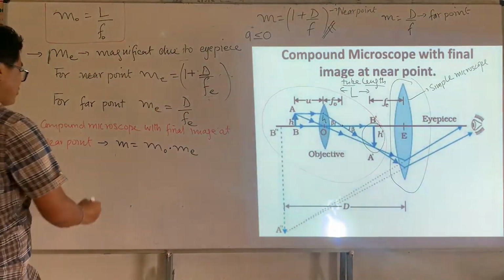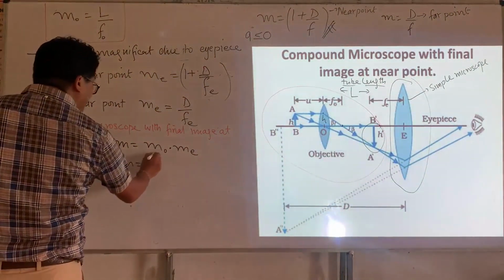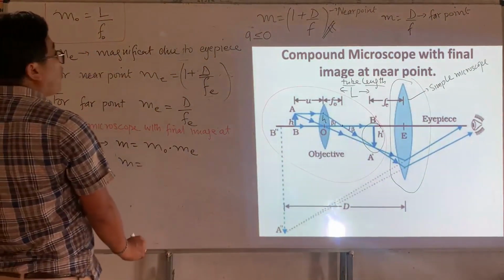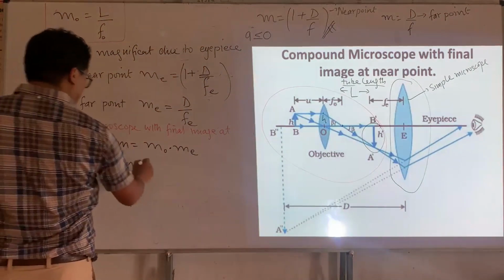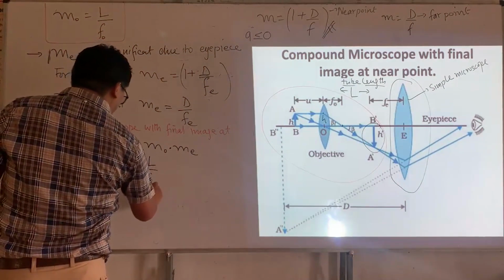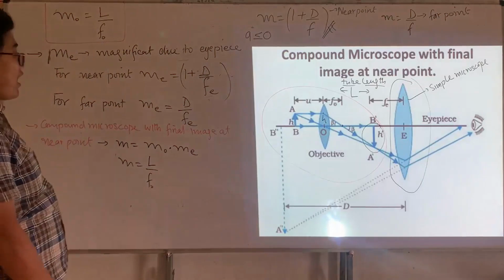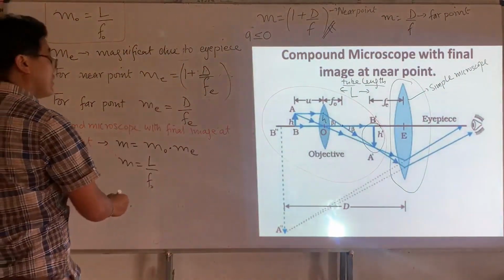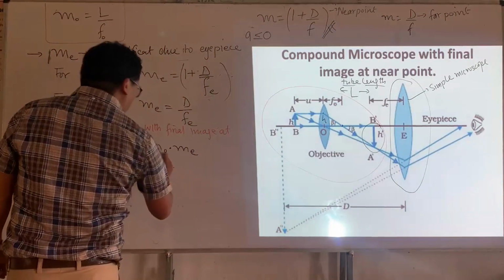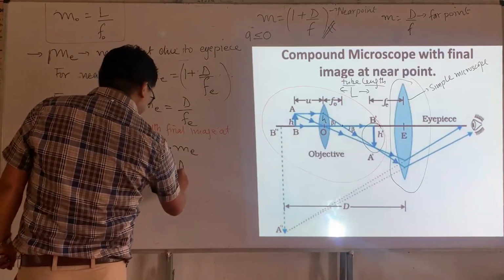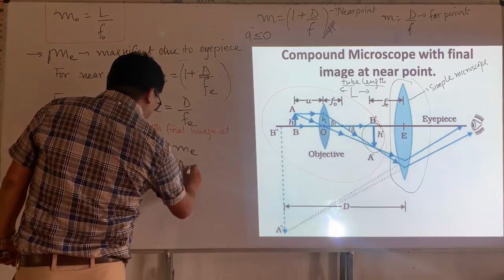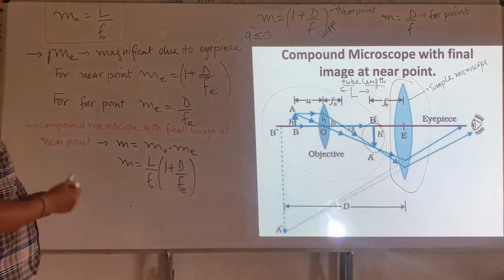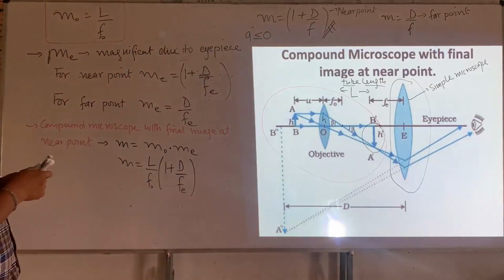This is how we find out. So how much is the objective lens? L divided by F naught. And what about ME, the eyepiece? Since this is for near point, this is going to be 1 plus G by Fe. This is what we have for the compound microscope.